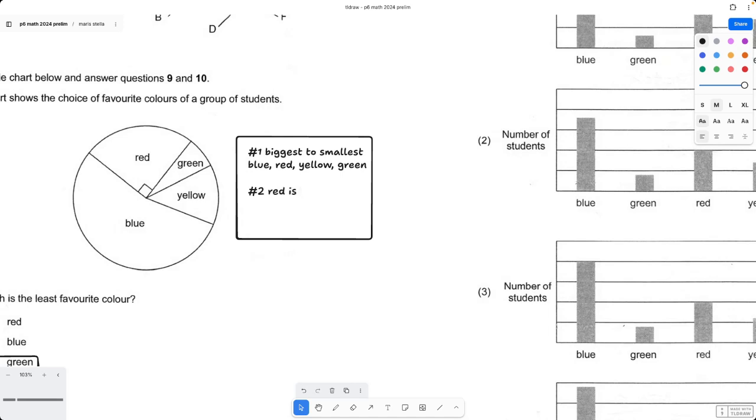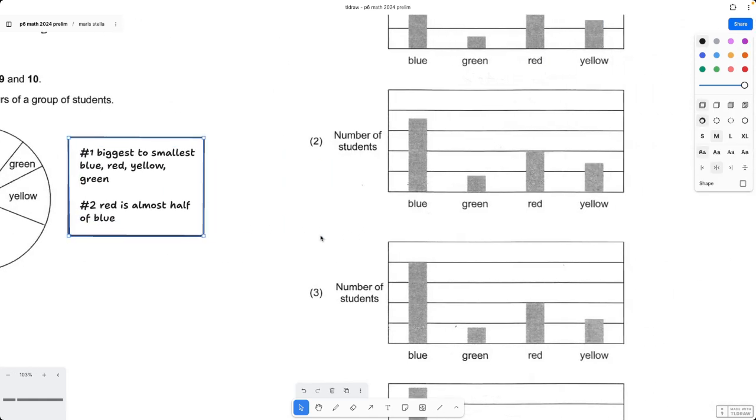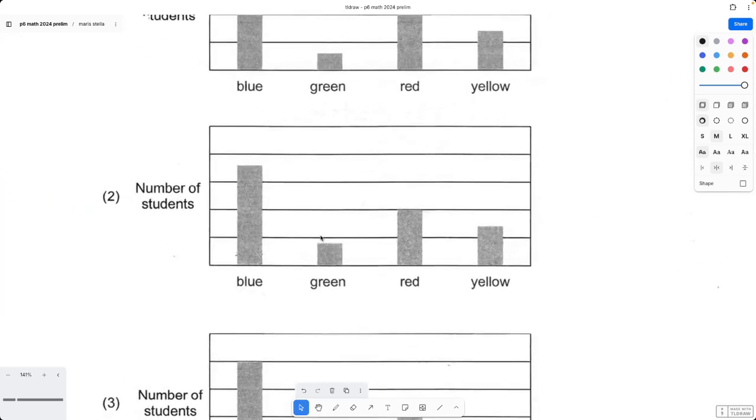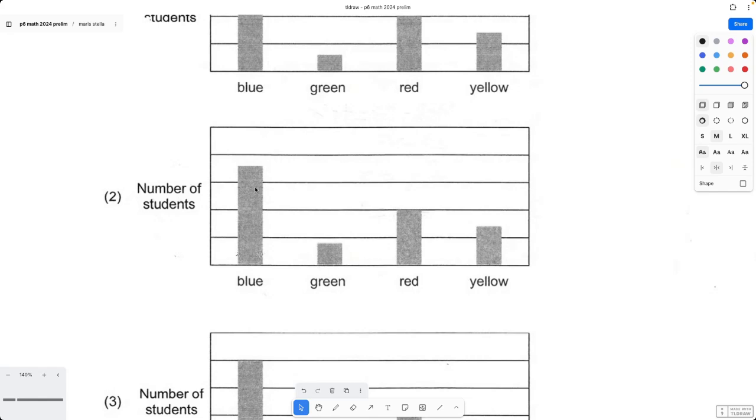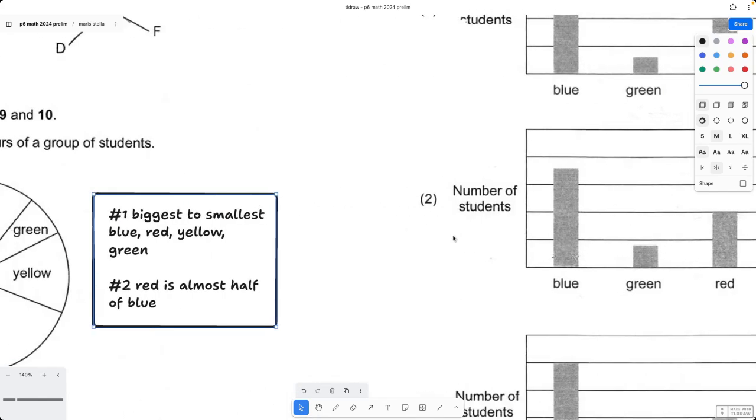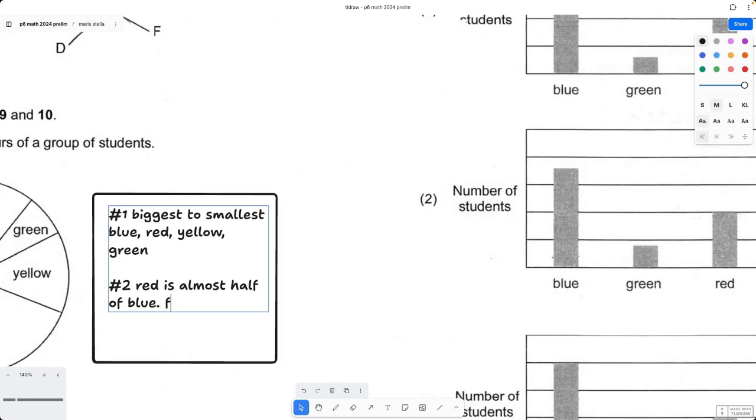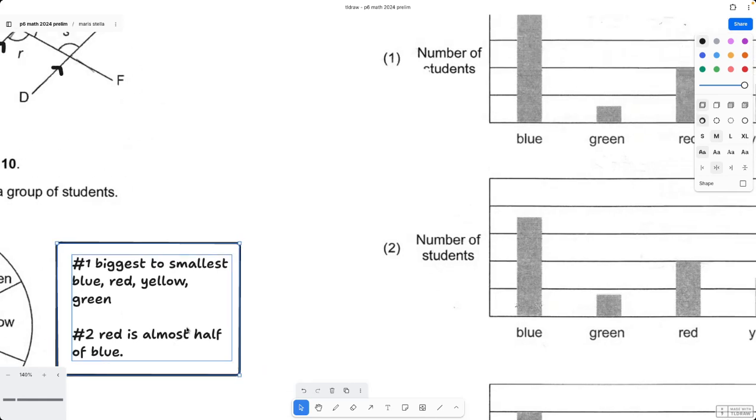red is almost half of blue. Something like this, right? So blue is a bit more than red in this case over here. Okay, red is almost half of blue. So we go to blue over here.